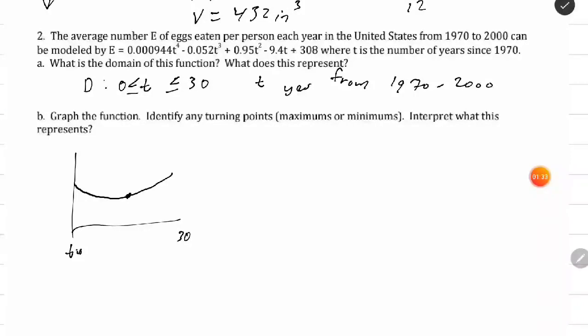Now it's true there should be an upper hump somewhere, but that's off our domain. So this is t equals 0 to 30, and our minimum is about 25.327. So that's the x-coordinate, and the minimum is 222.934 eggs.